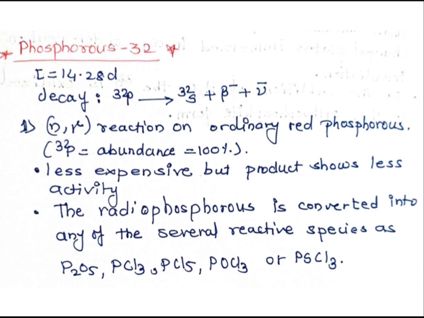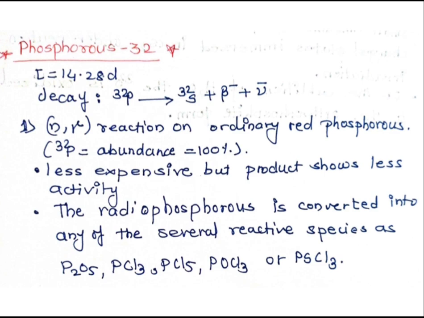The first one is the N-gamma reaction and the second one is the N-P reaction. We will first consider the N-gamma reaction on ordinary red phosphorus. As we know, the red phosphorus abundance is nearly equal to 100%. This is less expensive, but the product would be of a low specific activity.